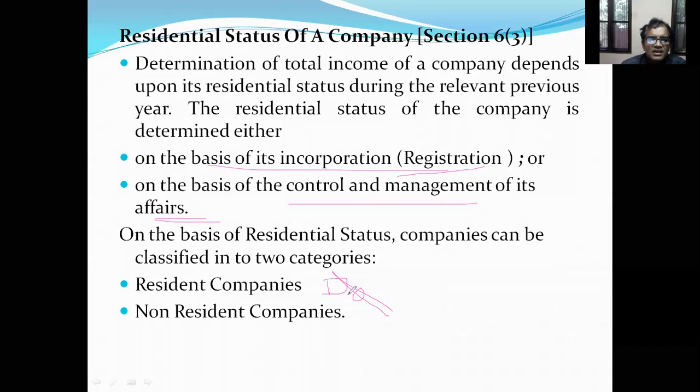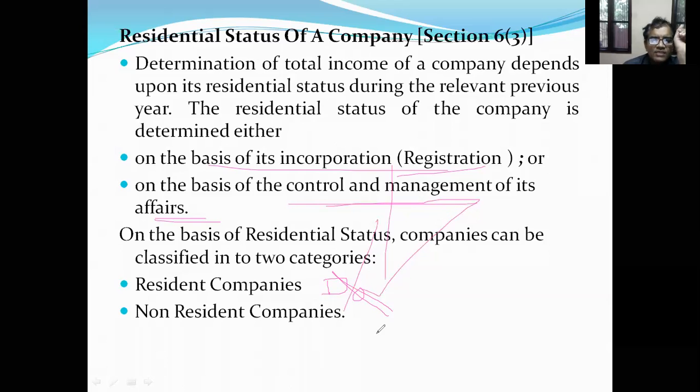Simply speaking, if a company is registered in India under the Indian Companies Act 1956, it is an Indian company. Similarly, if a company's control and management is from India only, meaning the board of directors are in India, are residents of India, then that company is deemed to be a resident company.